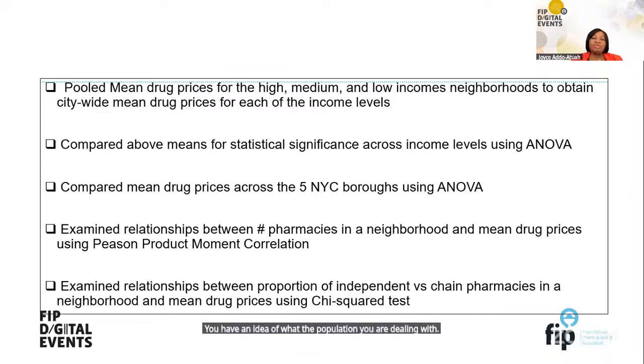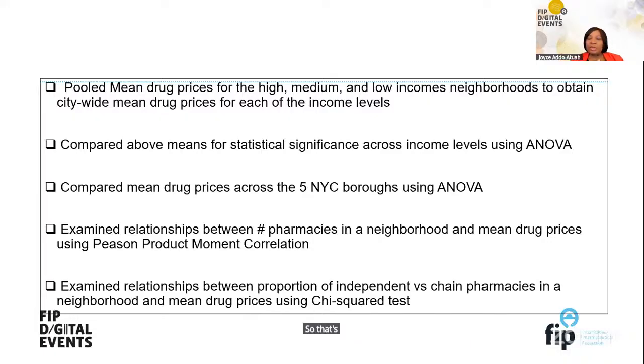So we pull the mean drug prices for the high, medium, and low income neighborhoods to get a citywide mean drug price for each of the income levels. And then we can compare these means for statistical significance across the levels using ANOVA, the one-way analysis of variance, because we are dealing with more than two groups.